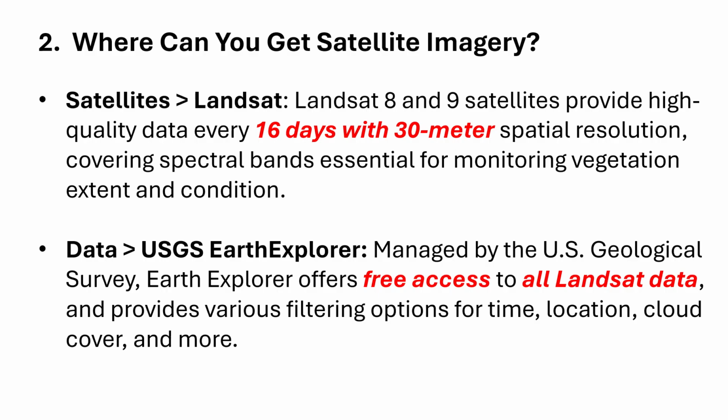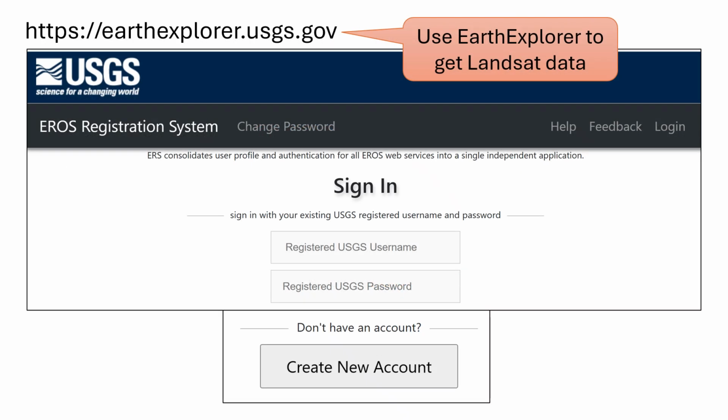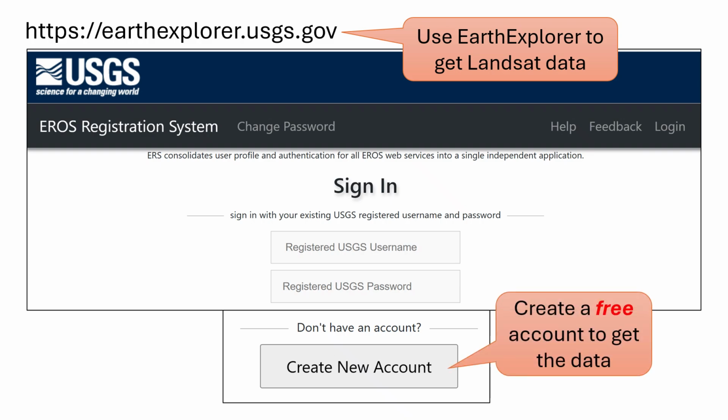We will be downloading data from the Earth Explorer web portal that is managed by the U.S. Geological Survey. Earth Explorer offers free access to all Landsat data and provides various filtering options for time, location, cloud cover, and more. You do need an account to use Earth Explorer, but it's free and just takes a moment to do.